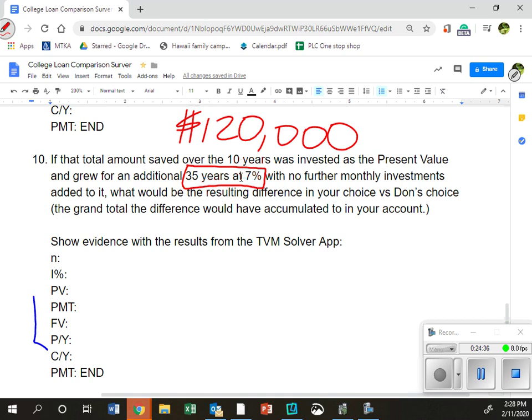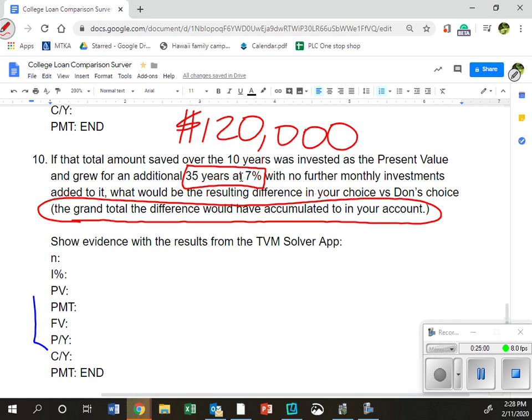If you take 120,000 of present value and then you go 35 years later, it's going to grow a lot. 35 years, that's a long time. And then you'll be able to tell with the grand total the difference that would have accumulated into your account. And it's over $1 million. Quite a bit over $1 million.